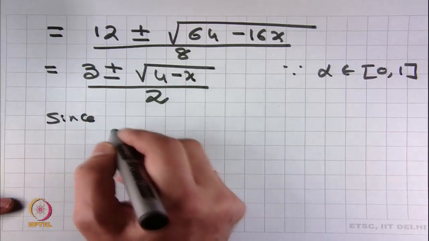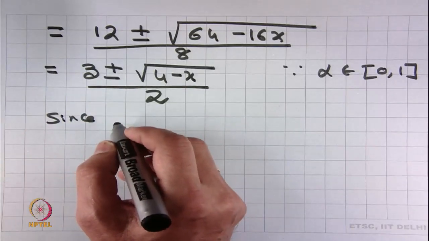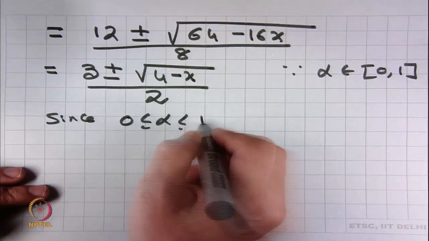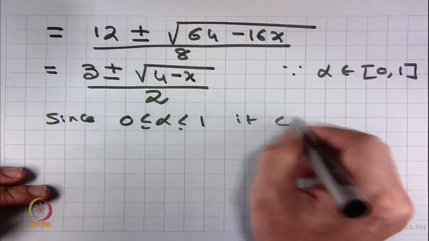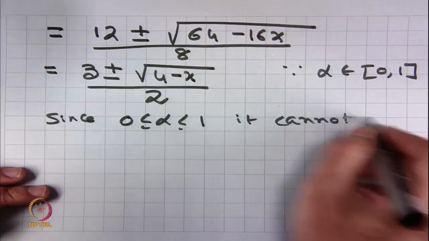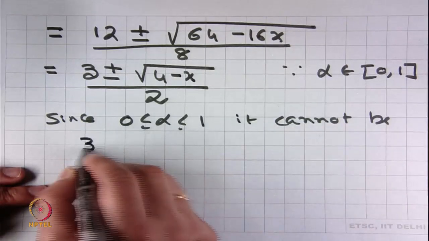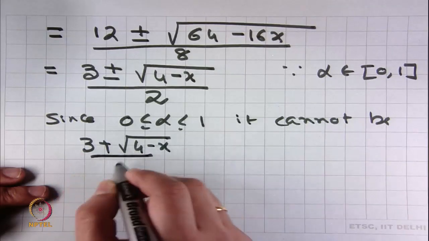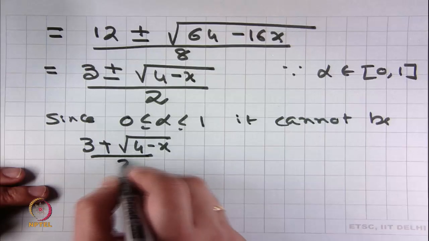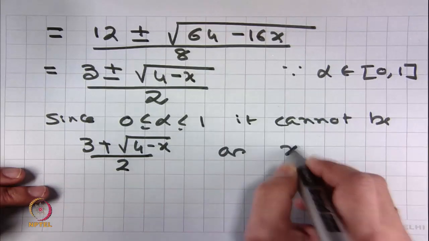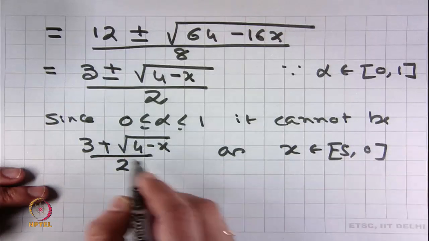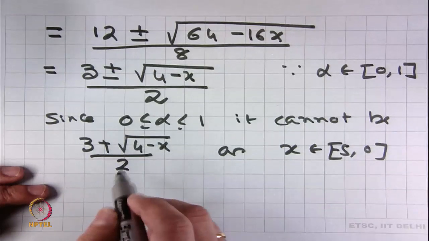Therefore, since 0 less than equal to alpha less than equal to 1, it cannot be 3 plus root 4 minus x upon 2 as x belongs to minus 5 comma 0, because in that case it is going to be above 1.